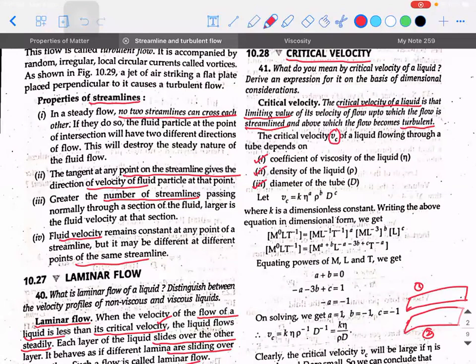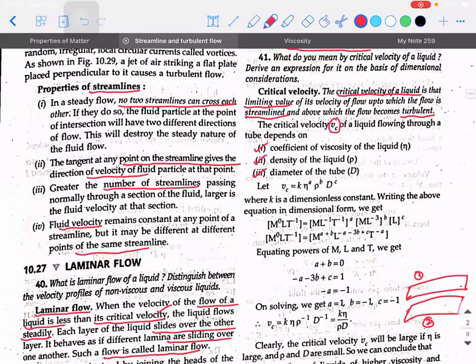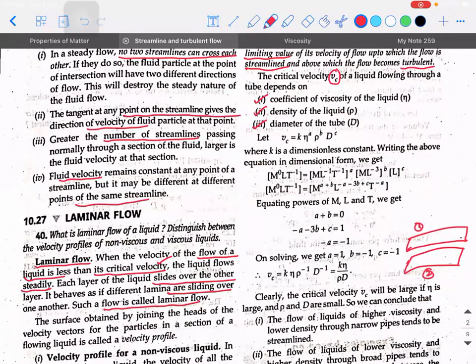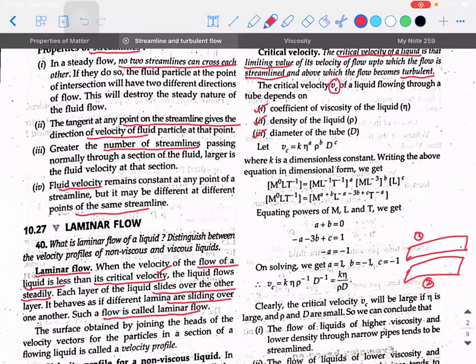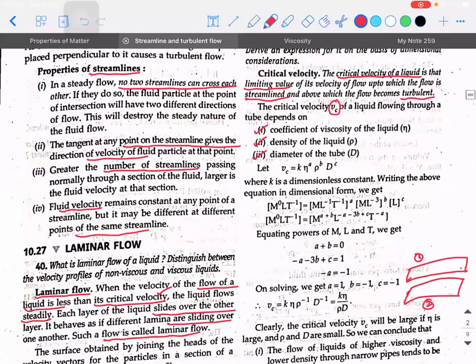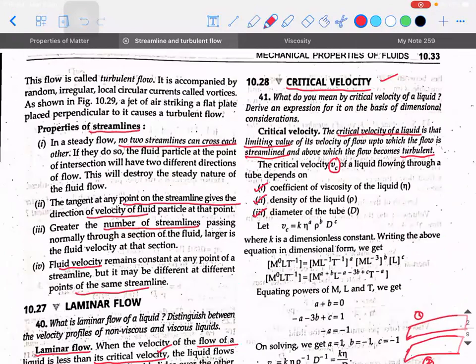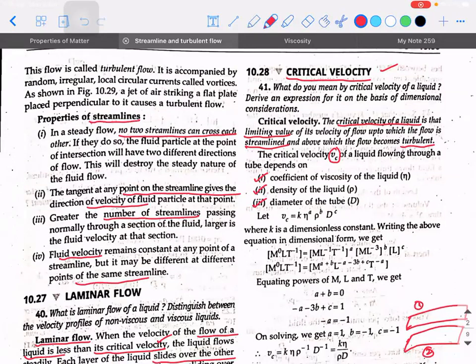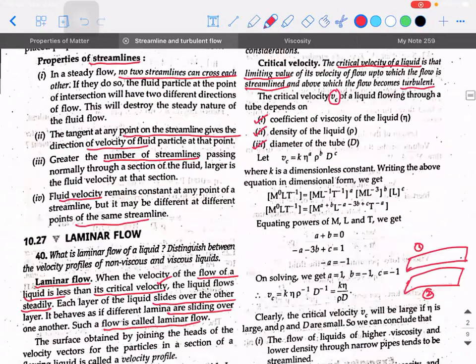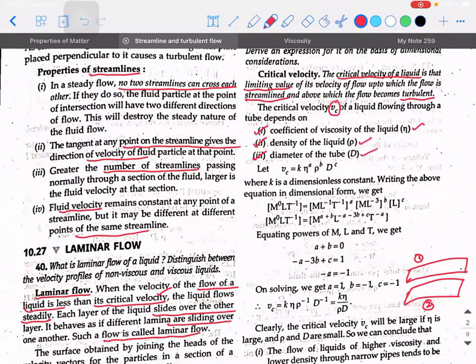Okay. So in this chapter, most of the derivations, like all these important terms, critical velocity, Reynolds number, and Poiseuille's formula, are derived based on dimensional analysis. You people know what it means, right? So what are all the parameters on which it depends? It depends on the coefficient of viscosity, density, and the diameter of the tube.